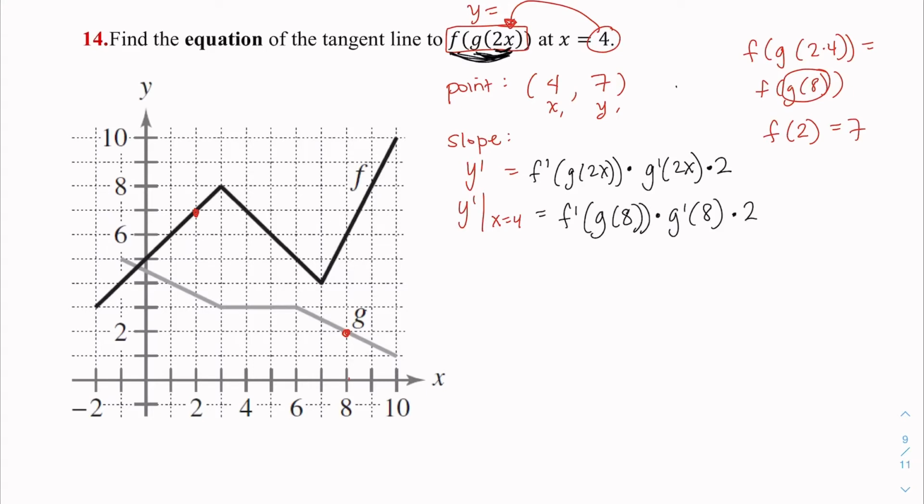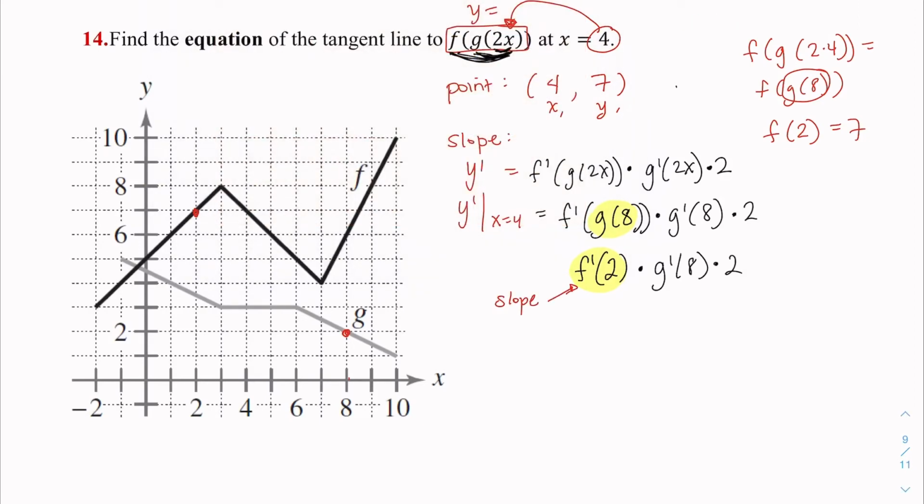And in our final step, let's look at the graph to figure out what g of 8 is. So g of 8 is 2, so this becomes f prime of 2 times g prime of 8 times 2. Now let's figure out what f prime of 2 is. So this is not f of 2, it's f prime of 2. So what should we be looking for? We'll need the slope.